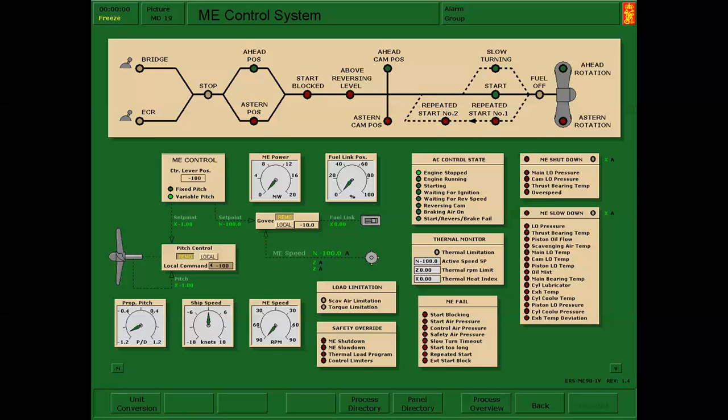All right, so on the load limiters, the other thing we talked a little bit about just before is the load limitation, scavenging air limitation. When you're bringing this engine up, you're looking at whether you have enough scavenging air pressure to support the amount of fuel that you're injecting, and it's looking at the engine torque to see if you're in an overload. All right.